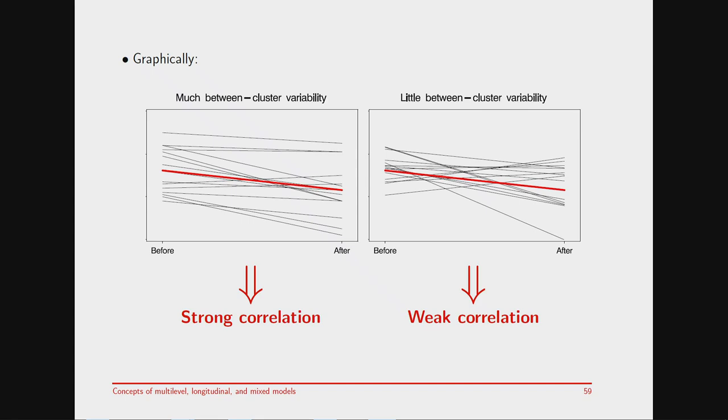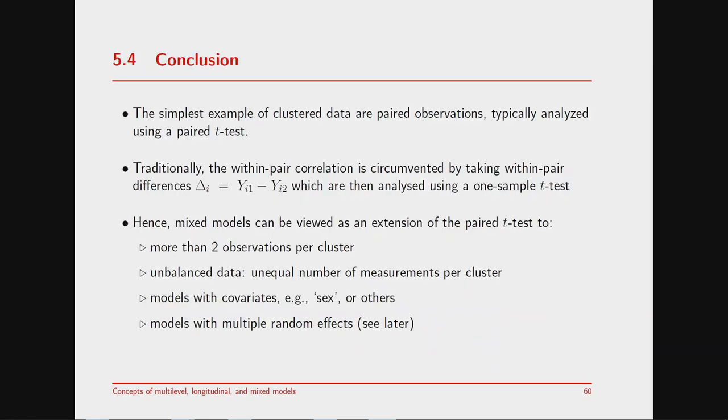But the key thing here is that with mixed models, we take into account the correlation, not by modeling the correlation, but by modeling variability between the clusters. As a result, we also implicitly take into account the fact that not all observations are independent of each other. That's what's happening.